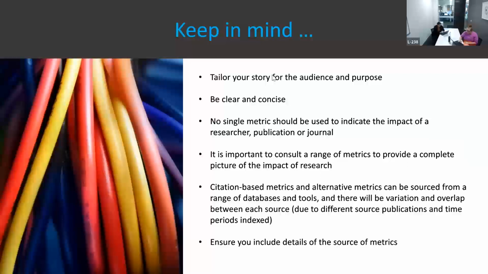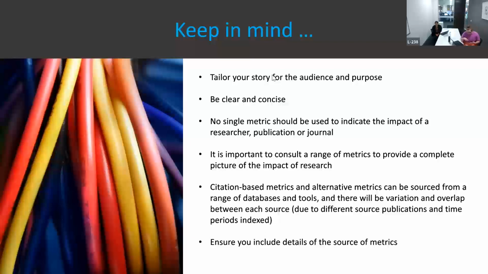So just some things for you to keep in mind when you're creating your promotions applications and including your metrics. Make sure you tailor your story for the audience and the purpose. You don't necessarily have to include all the metrics that are out there. Sometimes that's not necessary. So make sure you pick the best metrics that are going to tell your story in the best way. Make sure you're clear and concise.